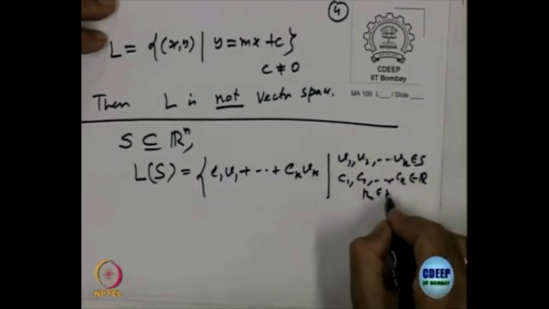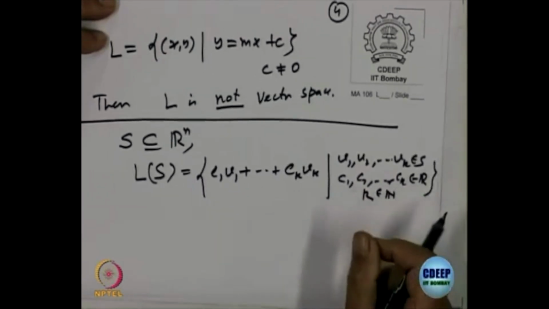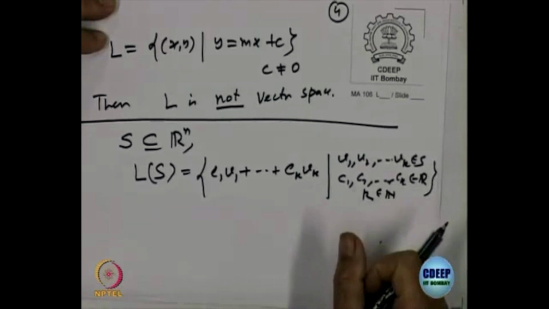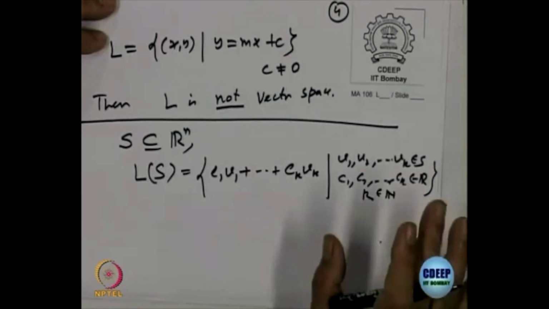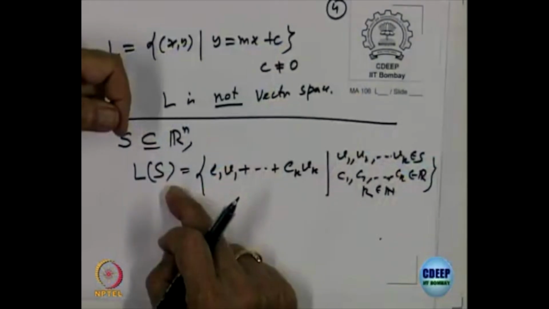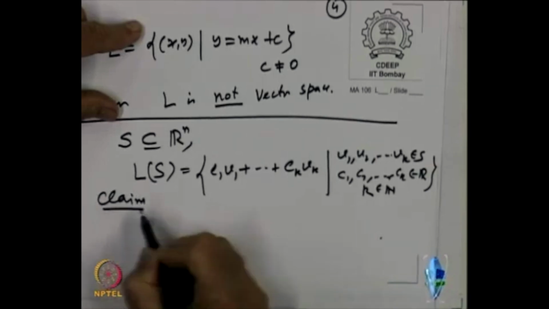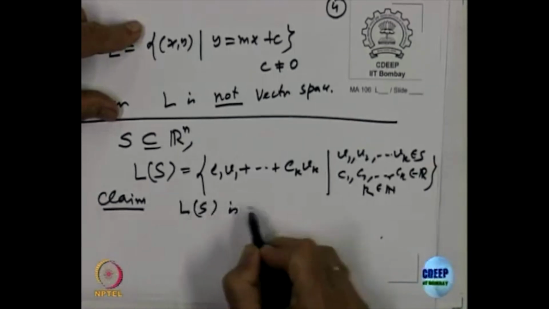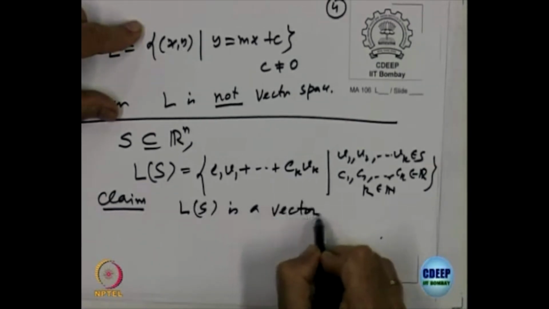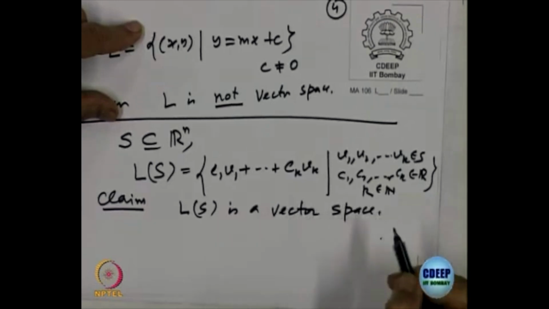So k is any natural number, that also varies. Is it clear what I am saying? We are not choosing only k vectors, k is anything. I can choose one vector, I can choose 2 vectors, 3 vectors, any finite number of vectors, form a linear combination and put them in a box, and that box is called L of S. So the claim is L of S is a vector space.